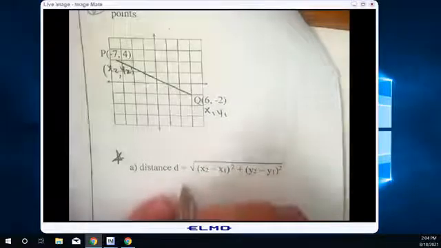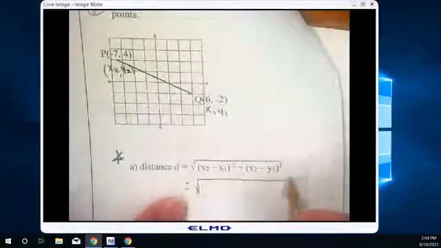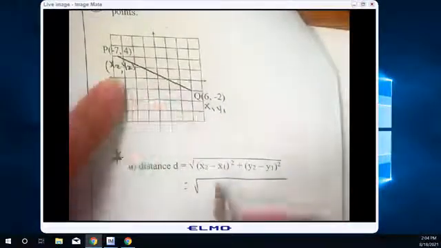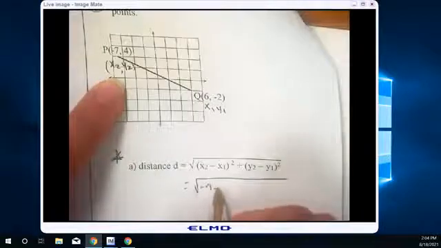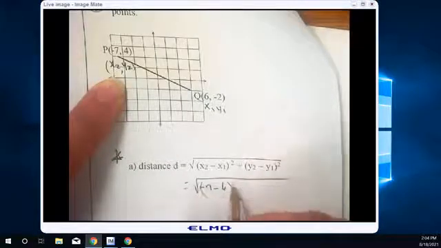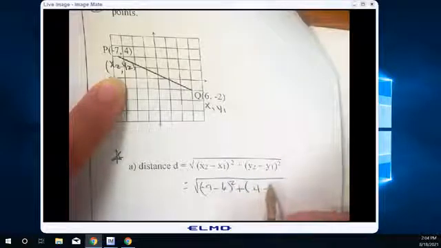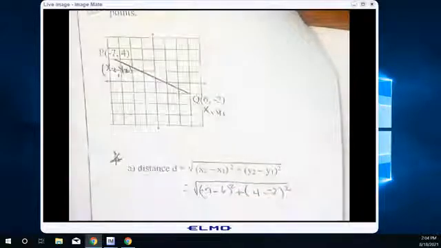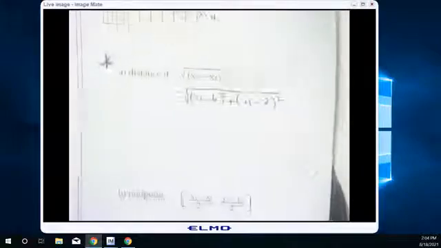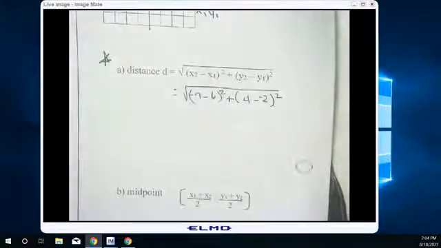All right, so here we go. I'm going to plug it in. X sub 2 is a negative 7 minus 6 quantity squared plus 4 minus a negative 2 quantity squared. When you have this written, type it into your calculator all at the same time.